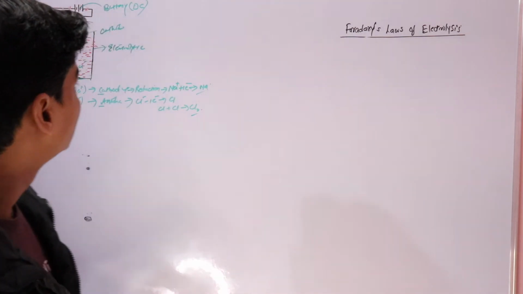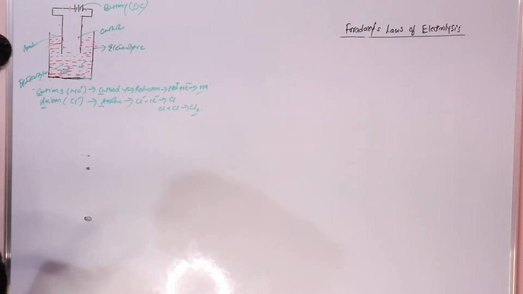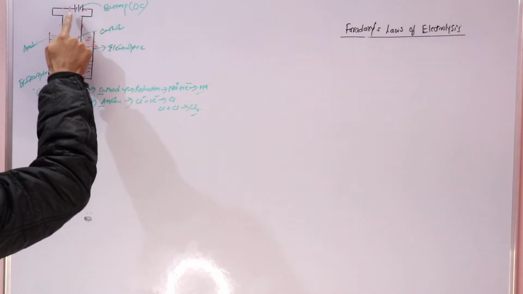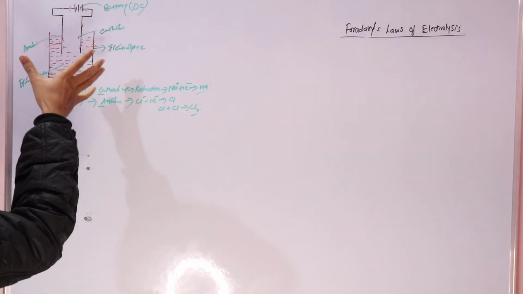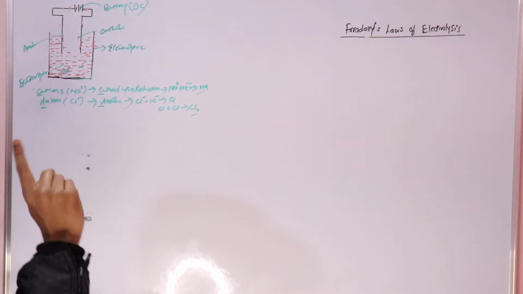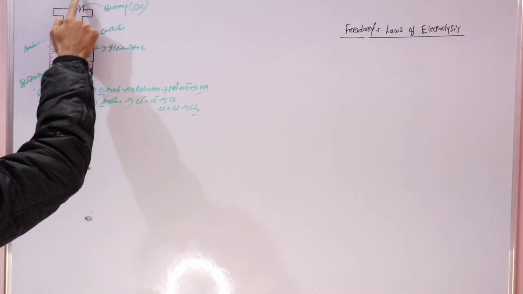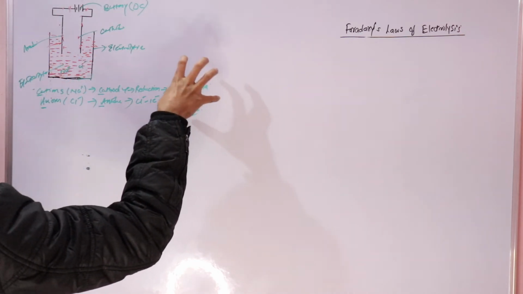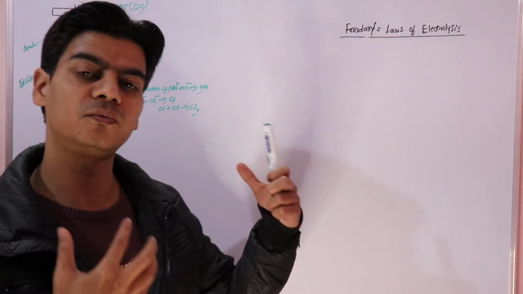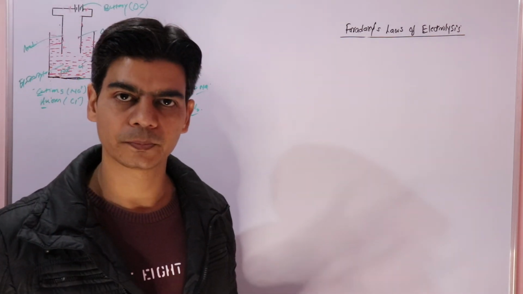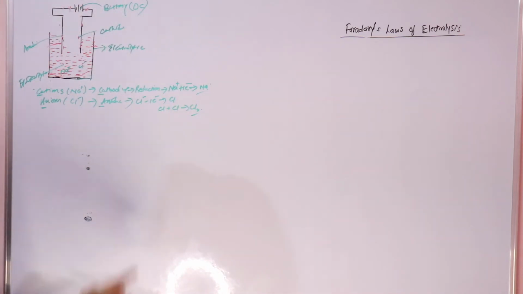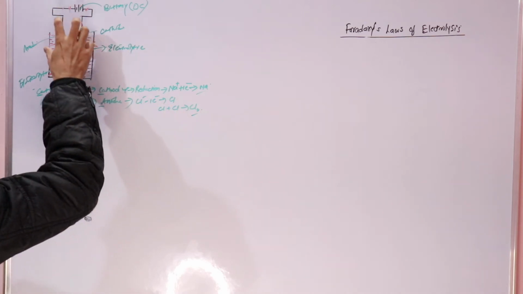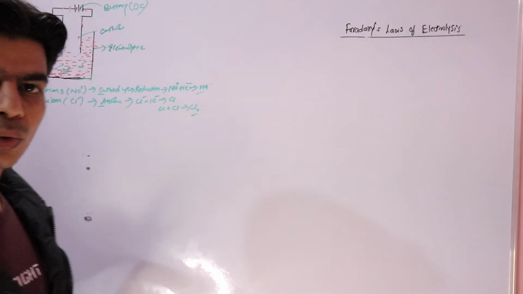The first law says that the more electric current you pass through this electrolyte, the more would be the weight or amount of products formed at the anode and cathode. It's a simple law. The more electric current we pass through this battery, the more would be the weight of products formed at the anode and cathode.